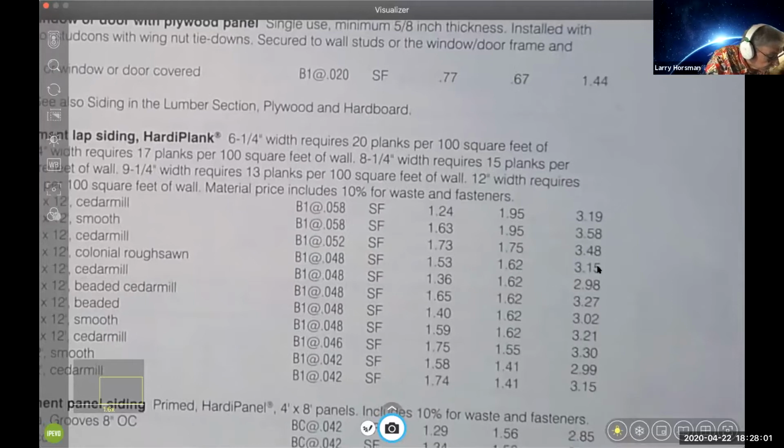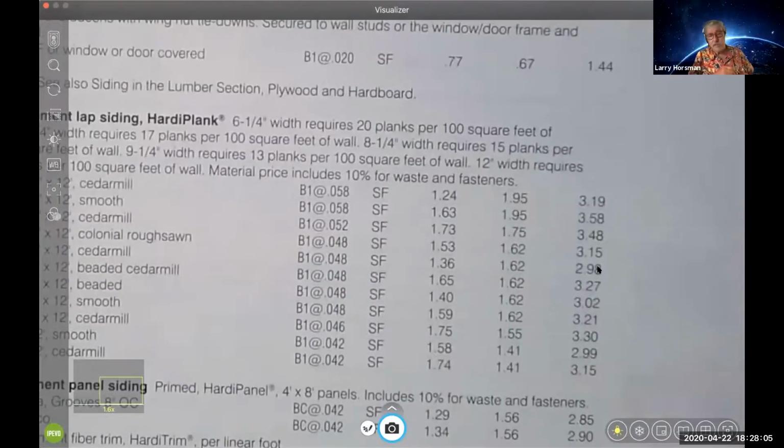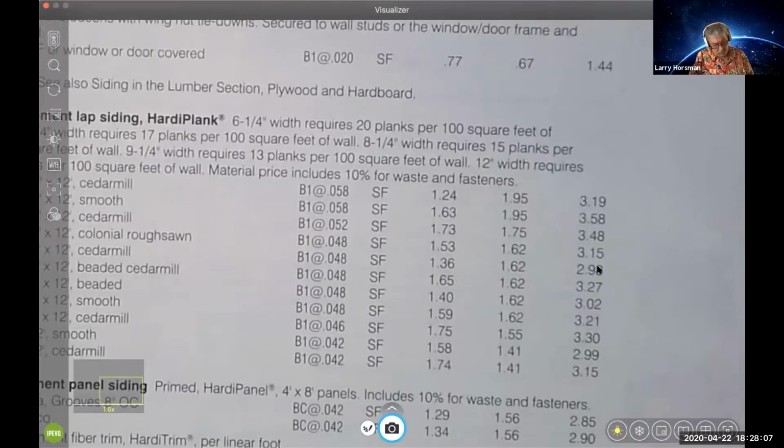They figure about 10% waste. I wasn't going to figure any waste on this because if I don't deduct the windows, I figure that's going to cover my material, but it does come in standard lengths, and so I'm not sure how much waste you're actually going to wind up with. You've got those angle cuts, you're going to have more on those.